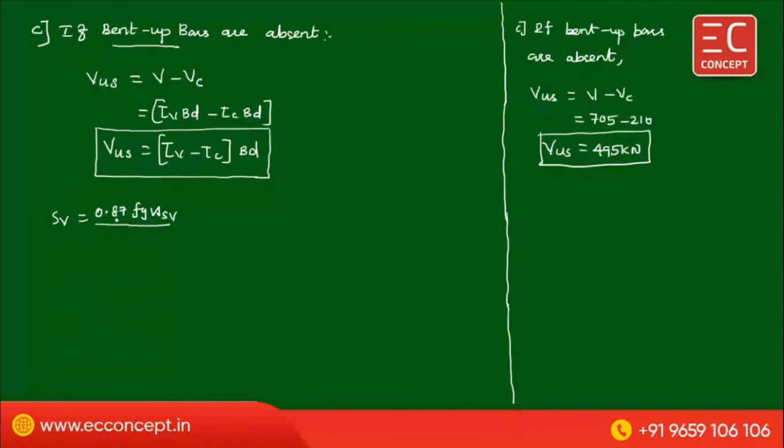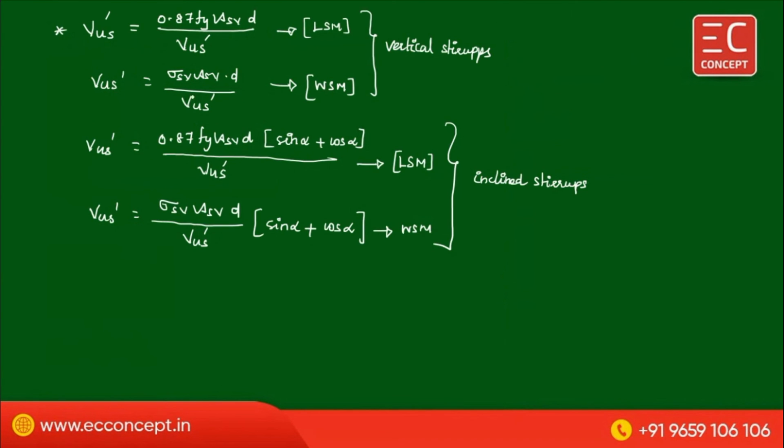In this formula you put VUS', but here the entire value is taken by the stirrups. Sorry, this is a mistake. This is for spacing. If you want spacing, then this goes on this side. SB is the spacing of stirrups.